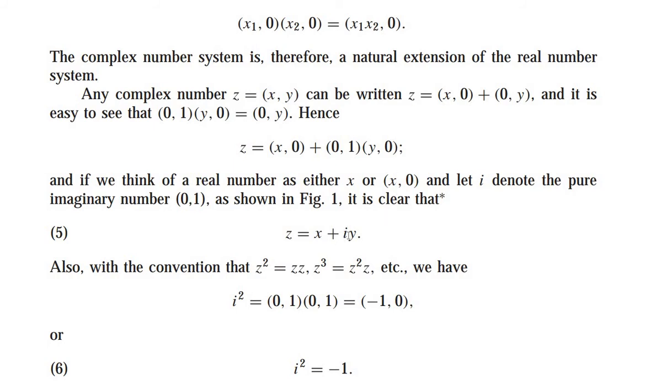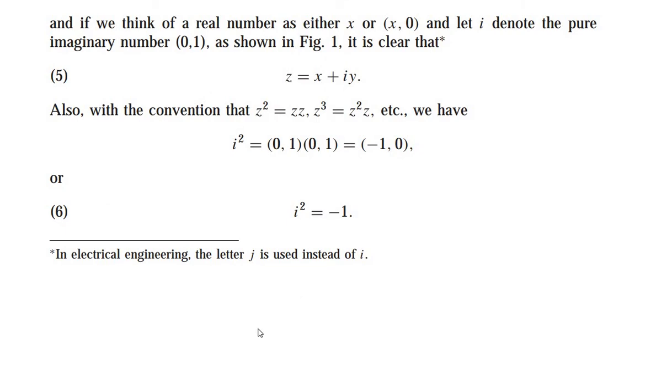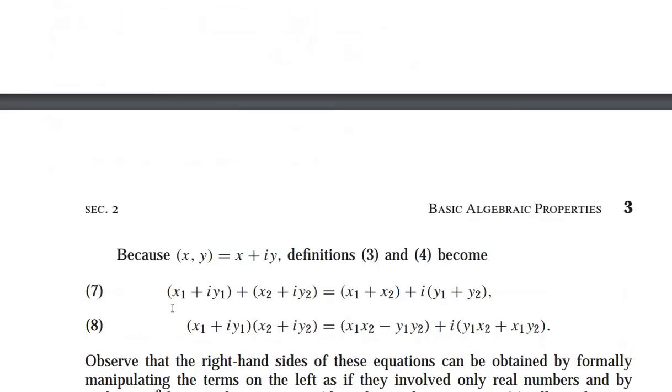If we use iota, then there is no use of the bracket in that place. Now this is z, and what is iota squared? Iota squared is equal to -1, and iota equals the square root of -1.